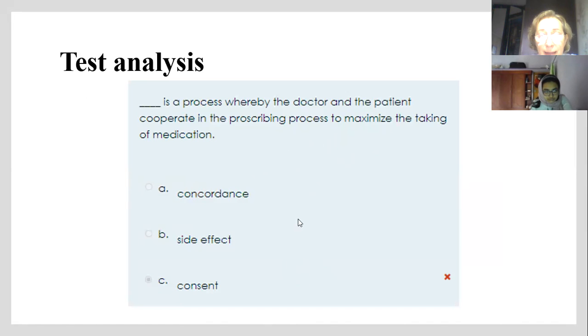As for consent, yes, this is also the agreement between doctor and patient, but the agreement that the doctor gets from the patient about some kind of serious procedure, interference into his body. And here, everything is about prescribing a medication.